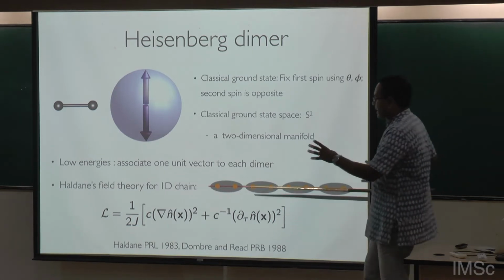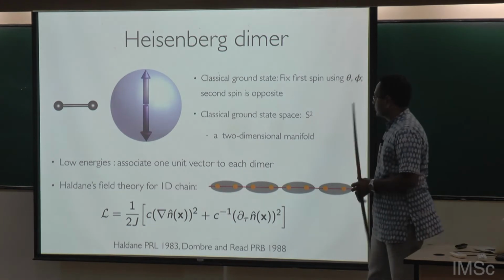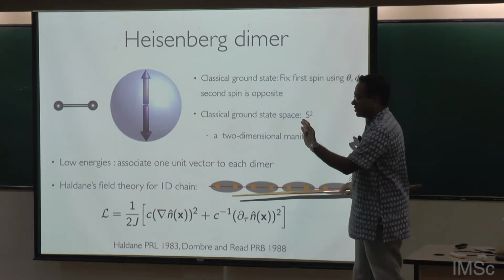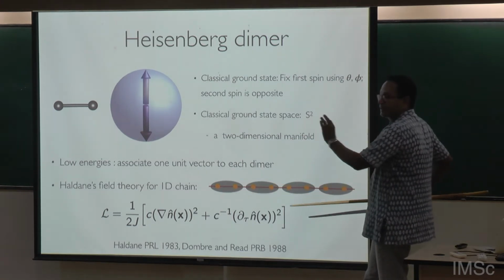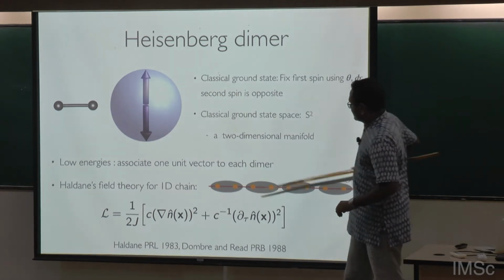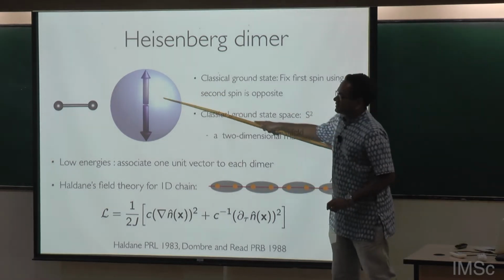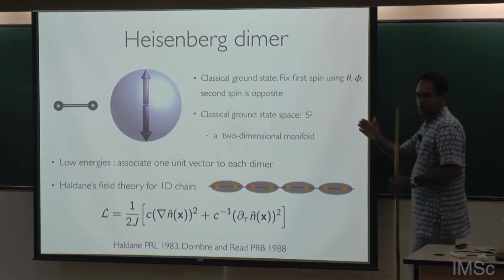So each dimer maps to a point on a sphere. And then Haldane argued that that field should vary smoothly and slowly. So you might say this dimer maps to one point on the sphere, the next dimer maps to a point that's not very far, third dimer maps to a point that's not very far, and so on.